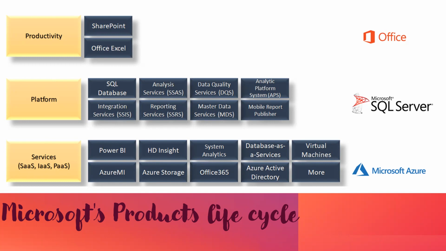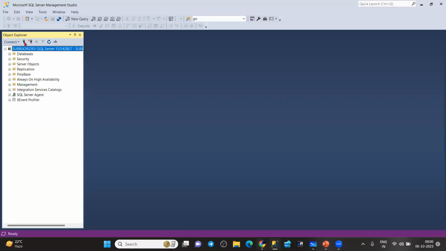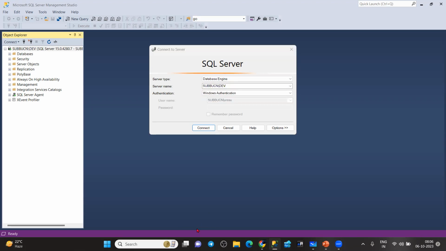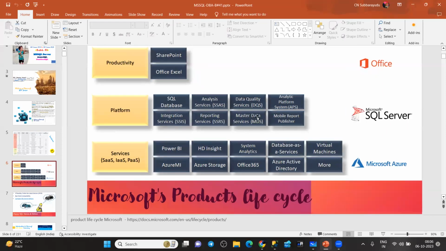These three services are correlated in the cloud, but in on-premises, you will call it an integration service. Whenever you are trying to connect, you will see integration service. This is on-premises, not cloud. In the cloud, you will see Azure Data Factory.